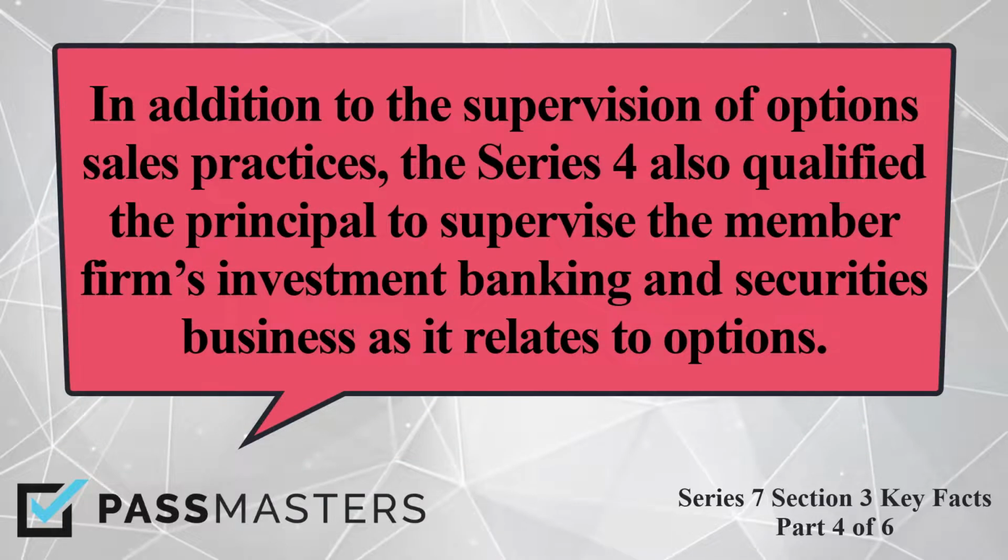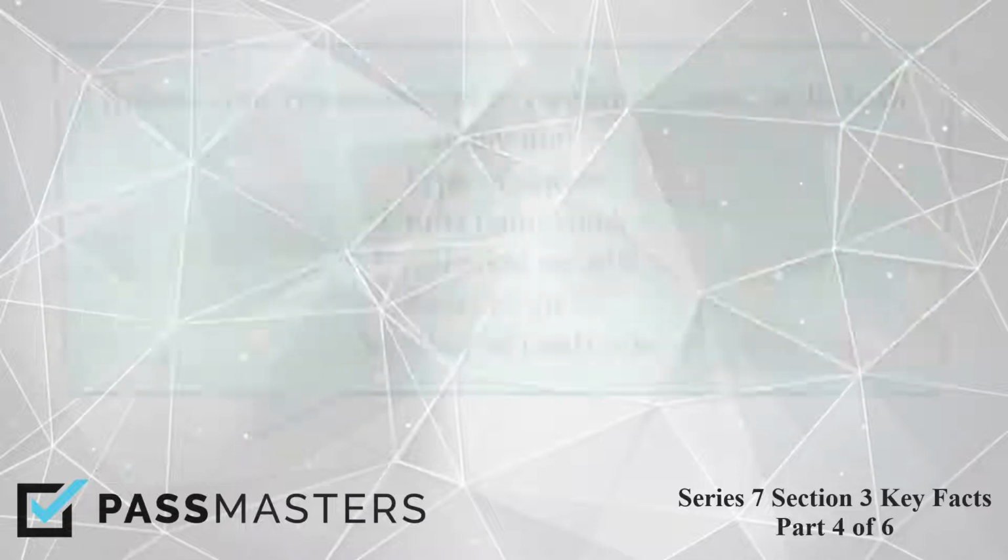In addition to the supervision of options sales practices, the Series 4 also qualifies the principal to supervise the member firm's investment banking and securities business as it relates to options.